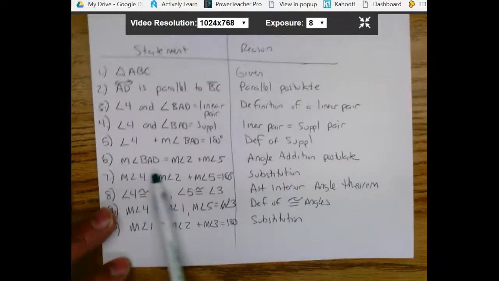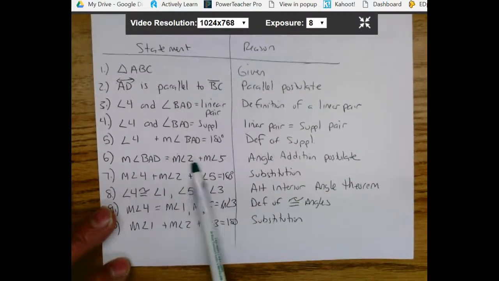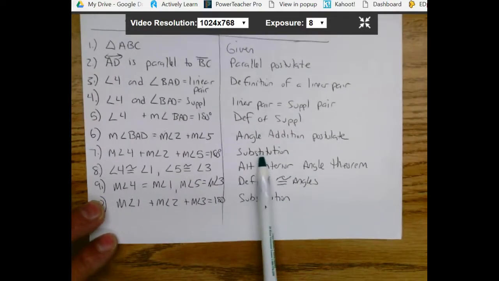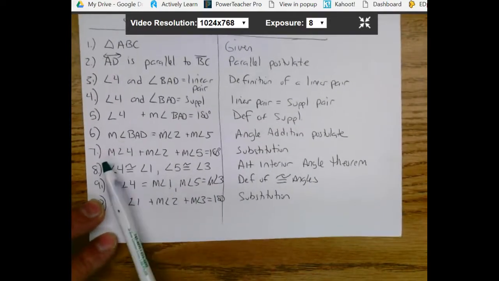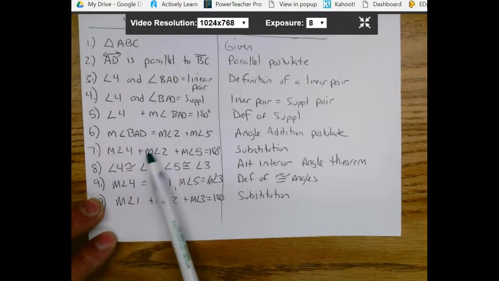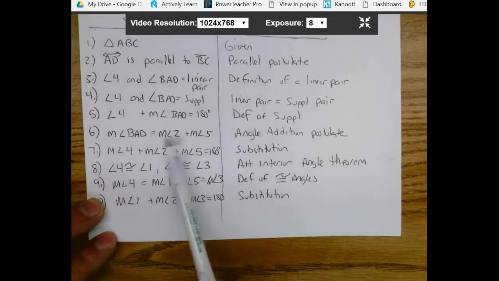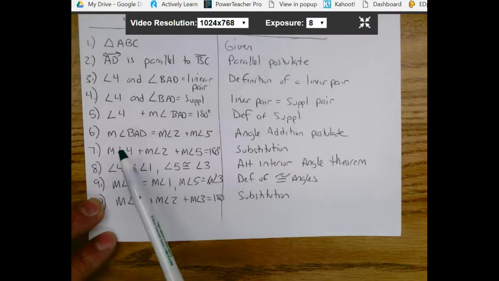In 6, we're defining what the measure of angle BAD is, 2 and 5, and then we plug those in, substitution-wise, for the measure of angle BAD. So we substituted the measures of those two angles for the measure of angle BAD.